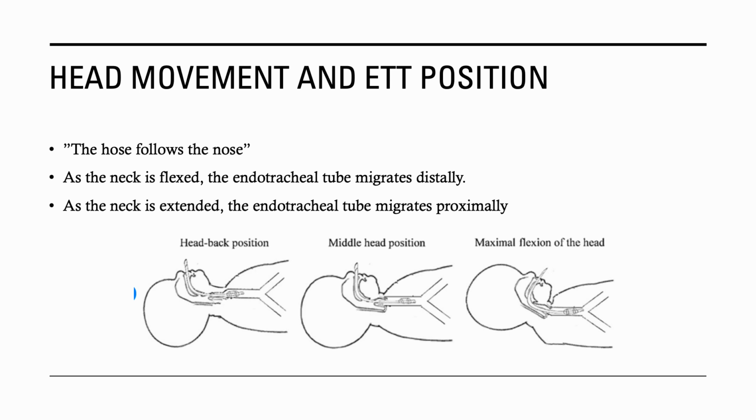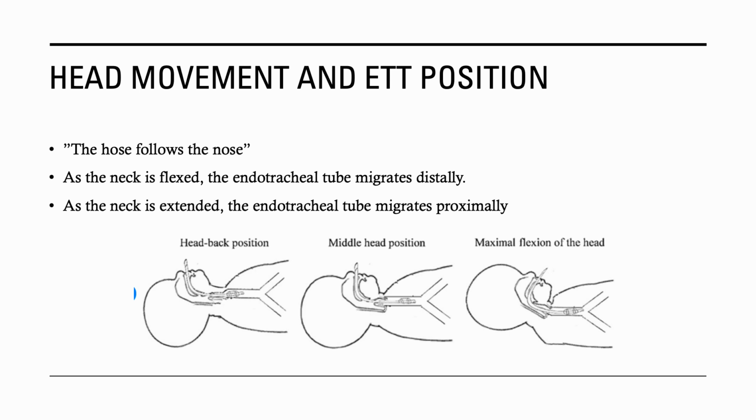Our next keyword here is head movement and endotracheal tube position. I think this is best remembered with a mnemonic. The hose follows the nose. So if you flex the neck down so the nose moves downward toward the chest, the tip of the endotracheal tube will advance, and in extreme circumstances, that can result in endobronchial migration of the endotracheal tube.